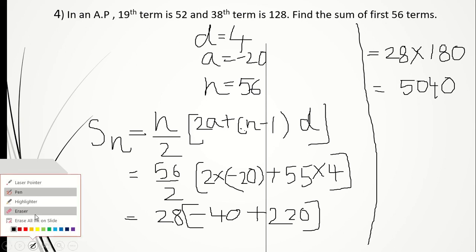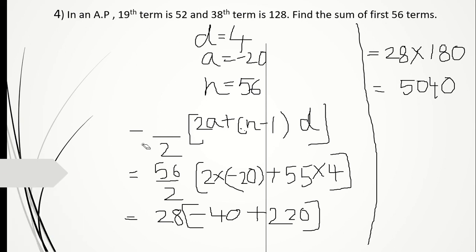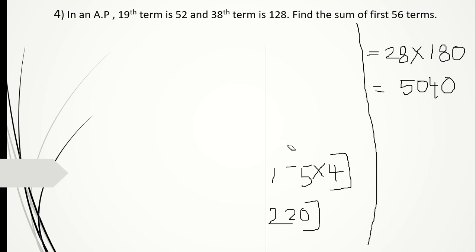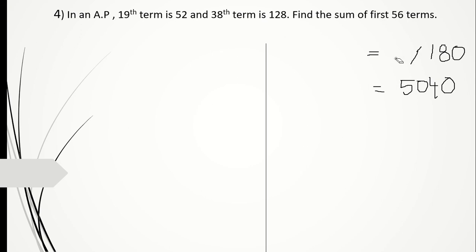This is one method. This is a little lengthier method, but this method is easy to understand. You will not forget this method, although it is lengthy, because this is the normal method. But there's one more method which is a shortcut method, which I'll also show you. That will not be applicable in all the cases, right?